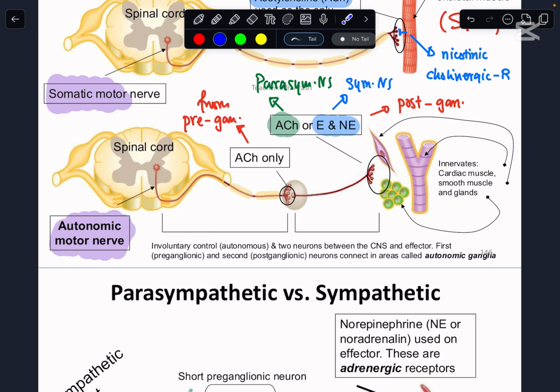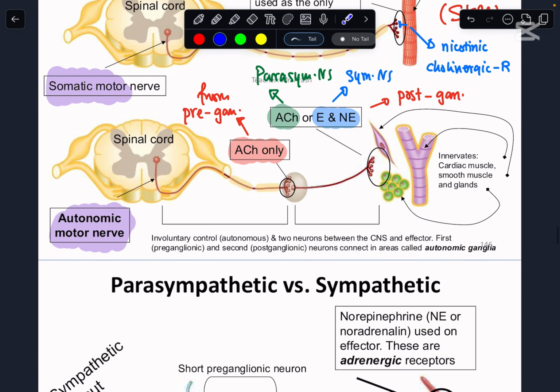So you would get acetylcholine at the preganglion, and this would be true for both sympathetic and parasympathetic, but the postganglion would differ. If you had the sympathetic nervous system, the postganglion would release epinephrine. If your postganglion is of the parasympathetic branch, it would release acetylcholine. Here's the effector organ, which we'll talk about in a second.